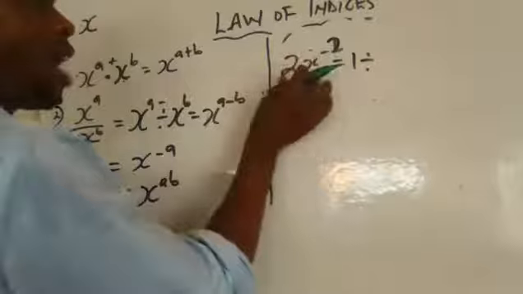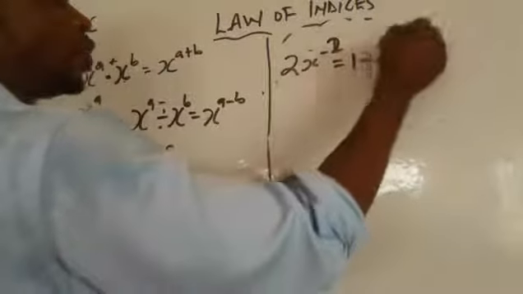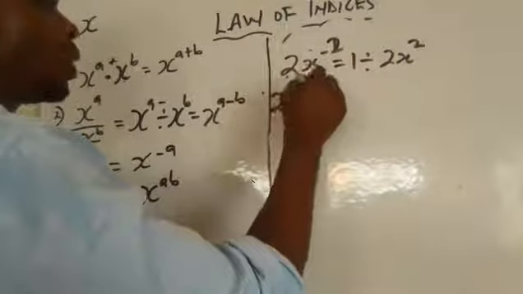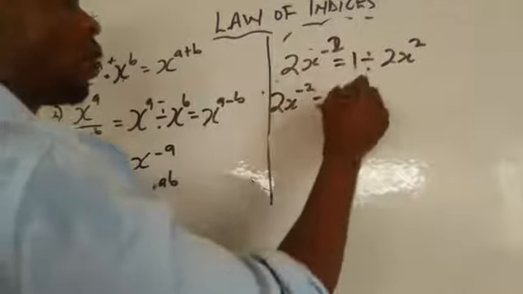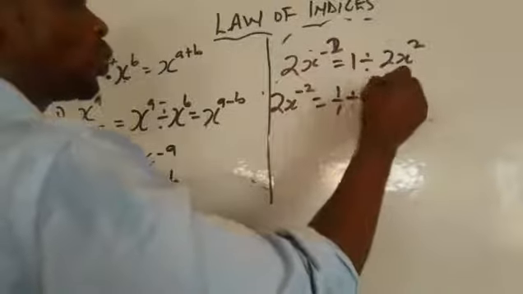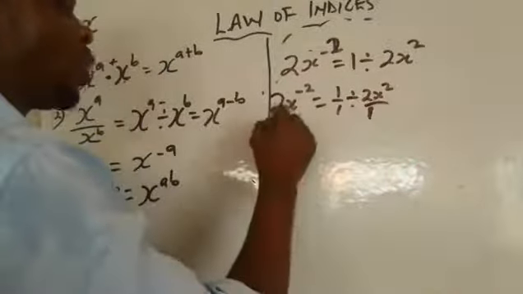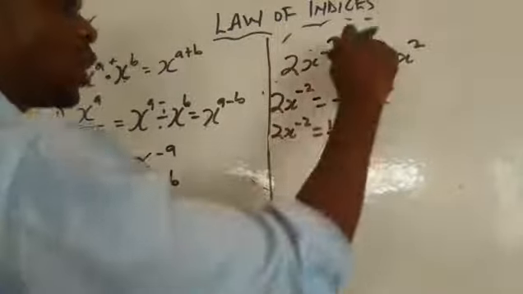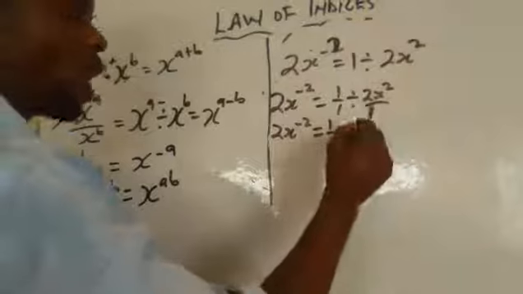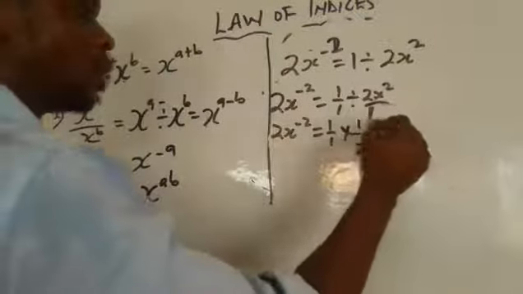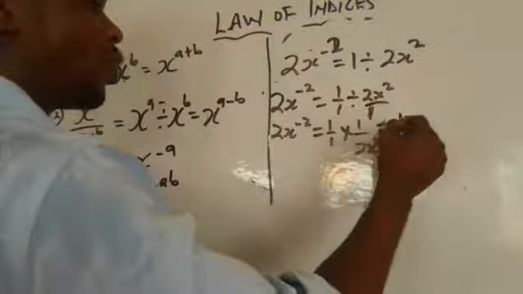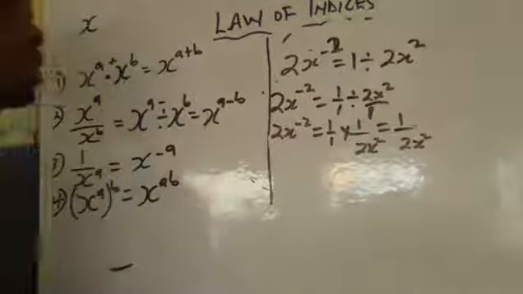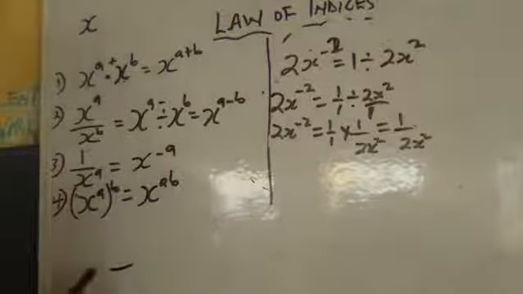Then I will rewrite 2x raised to power minus 2 equals 1 divided by 1 divided by 2x raised to power 2 over 1. Don't forget, over 1. Then 1 over 1 times, we take the reciprocal, 1 over 2x squared. 1 times 1, 1 times 2x squared. You can see, that's our final answer. So that is for that.